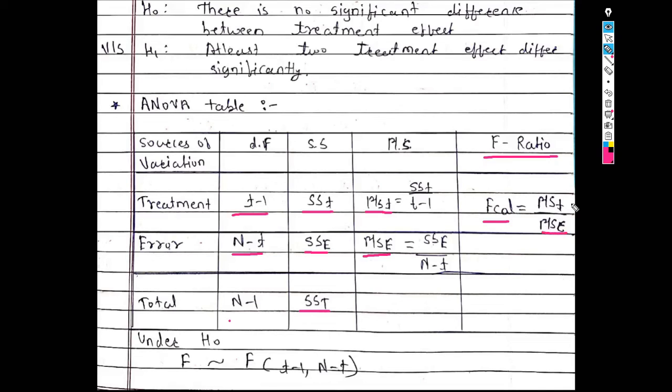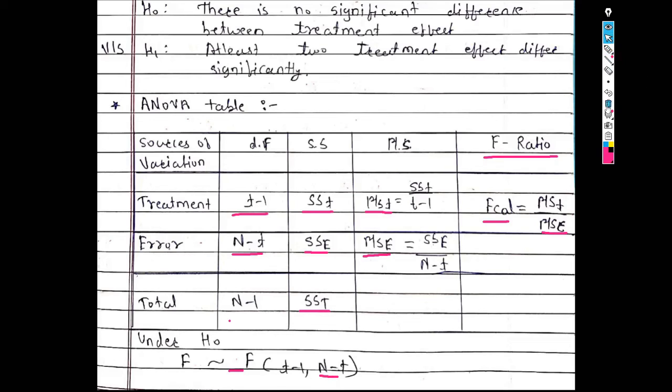This follows the F distribution with treatment degrees of freedom t minus 1 and error degrees of freedom capital N minus t. So under H0 it follows the F distribution with treatment degrees of freedom and error degrees of freedom.